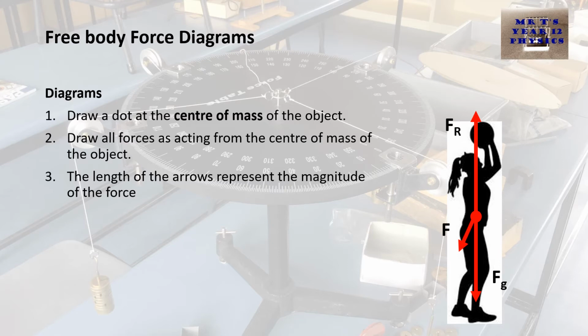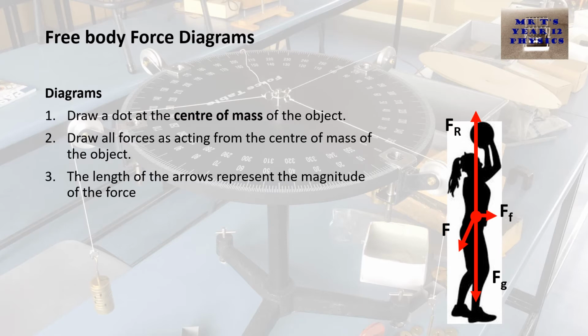Remember, the ball has a force acting on it going directly up to the right. Newton's third law says every action has an equal and opposite reaction. So if the ball has a force acting on it up to the right, she must have a force acting on her backwards and down. But it's a lot smaller than her reaction force or the gravity force. So we've got to make sure these are in proportion in magnitude.